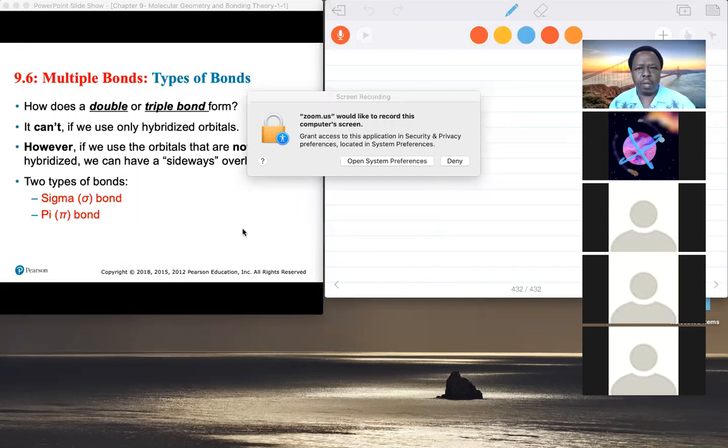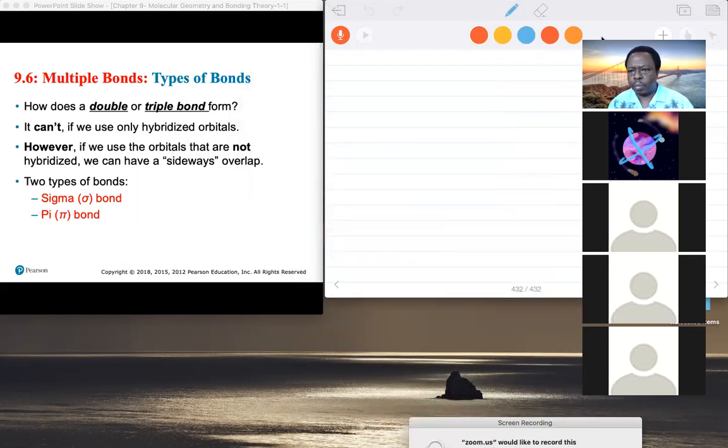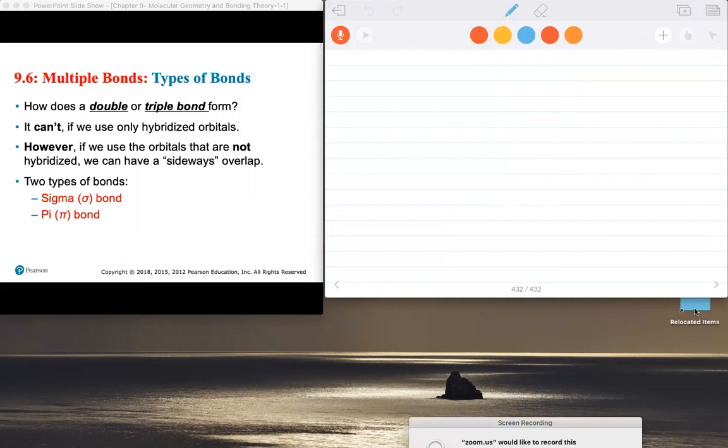Yes, thank you. That was a little bit of concern on my end, that last time we couldn't see. So everybody can see the screen now. What you see on the screen is section 9.6.